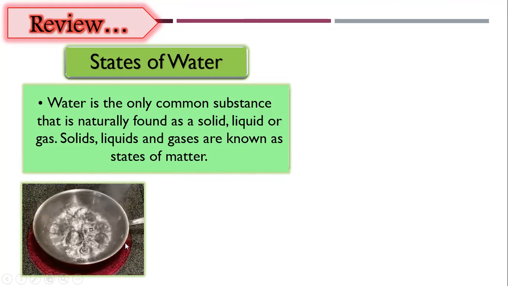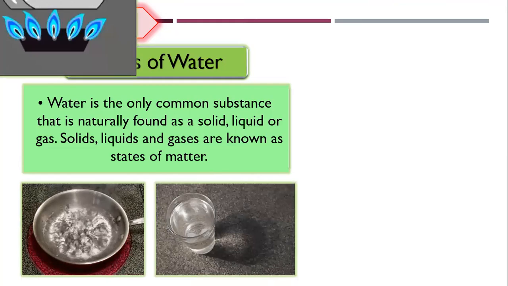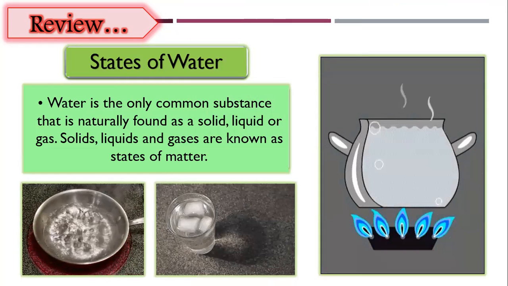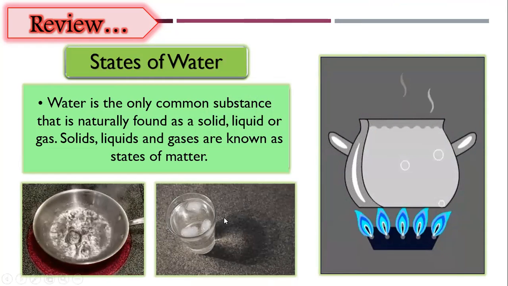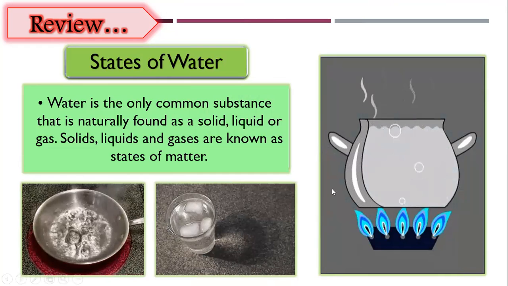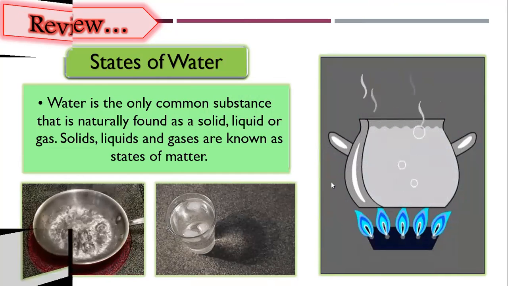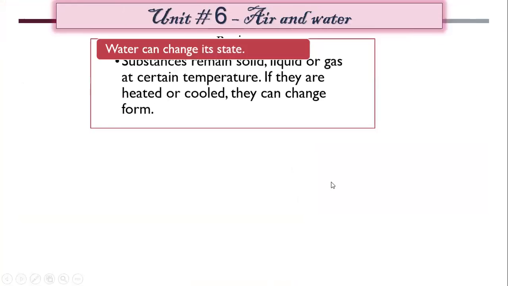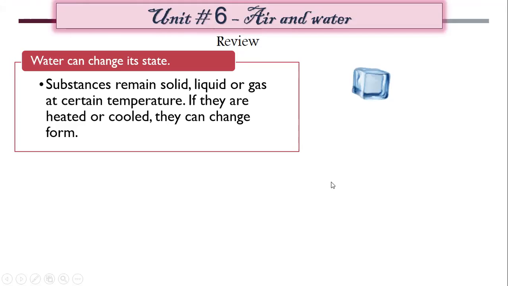This is because of temperature, usually somewhere between 32 degrees Fahrenheit and 212 degrees Fahrenheit. At 32 degrees Fahrenheit or 0 degrees Celsius, water becomes ice, a process known as freezing.